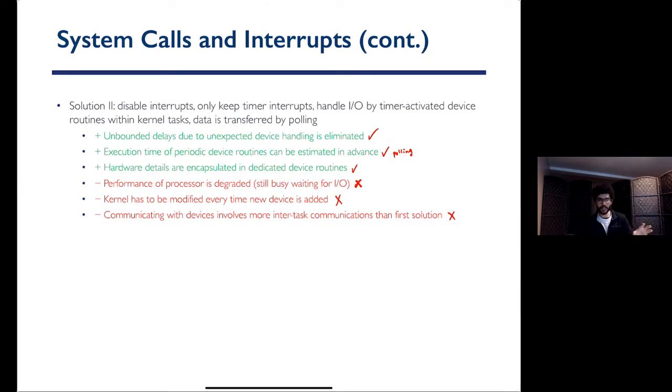The main difference between solution number 1 and solution number 2 is that in solution number 1, tasks were complex, kernel was simple. In solution number 2, tasks are simple, but the kernel is complex. In addition to that, in solution number 2, communication with the devices is more costly.